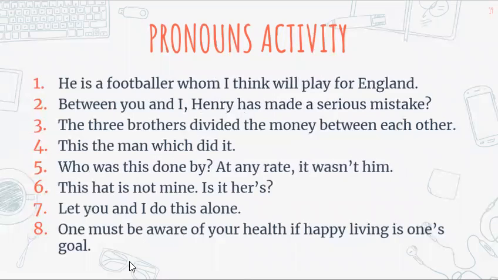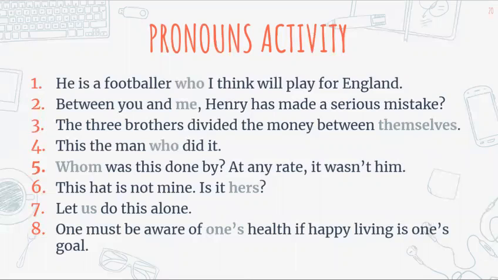And lastly, one must be aware of your health if happy living is one's goal. And so the last answer is, one must be aware of one's health if happy living is one's goal. So one's has to be used as the possessive here because we want clarity or balance in the sentence.